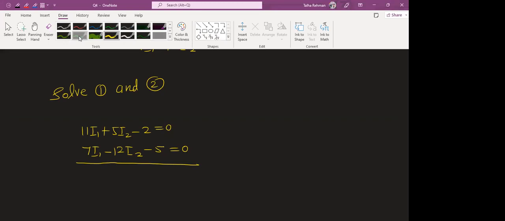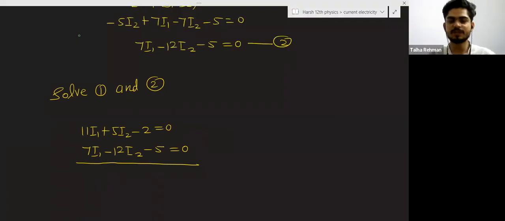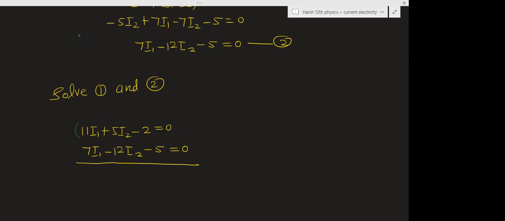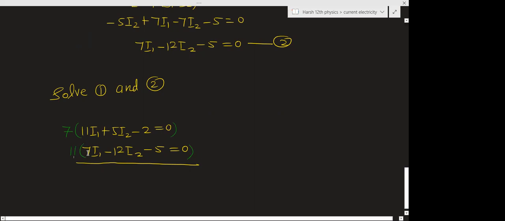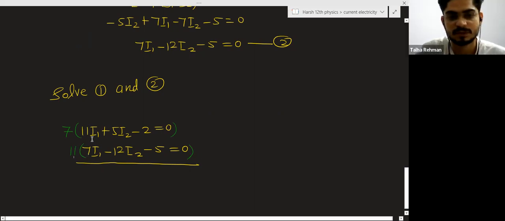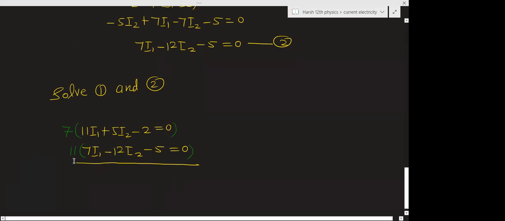By subtraction we will subtract, but first we will multiply something. Multiply this whole equation with 7 and this whole equation with 11. Why am I doing this? Because I want to cancel these two terms.